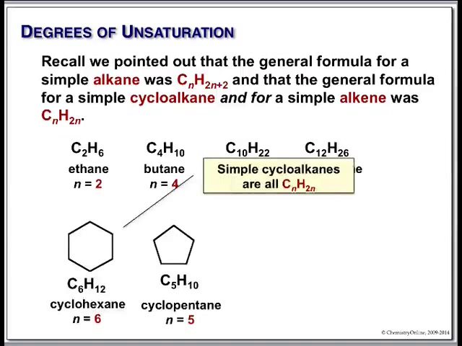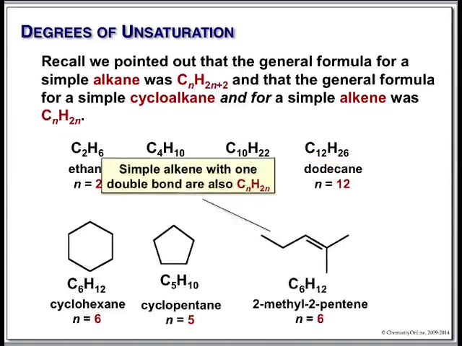Well, alkenes are the same as cycloalkanes. This just represents a generic alkene, C6H12. Again, N is 6, H is 12. So cycloalkanes and alkenes are both CnH2n.